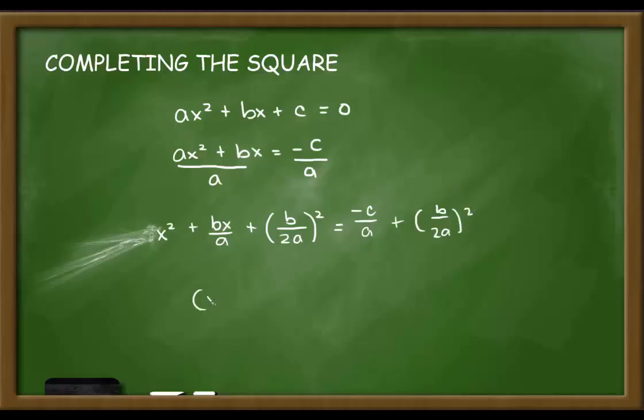Simplify both sides, with the side of x being a square of a binomial: x plus b over 2a squared is equal to negative c over a plus b over 2a squared. Then, find the square root of both sides and solve.